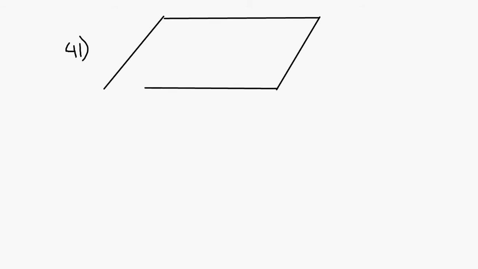Number 41. Alright, angle 2 is 3x minus 18. Angle 4 is 2x minus 5. Find the measure of angle 1, and angle 1 is right here.